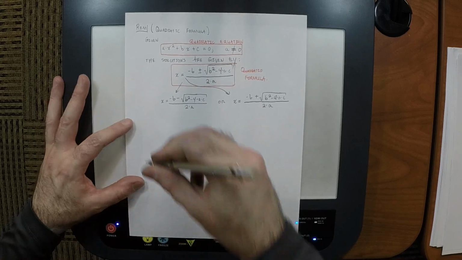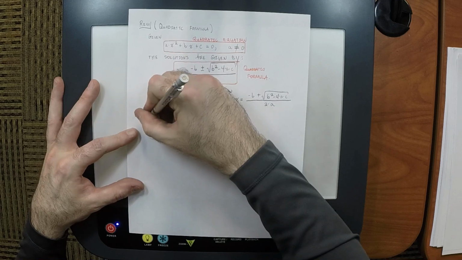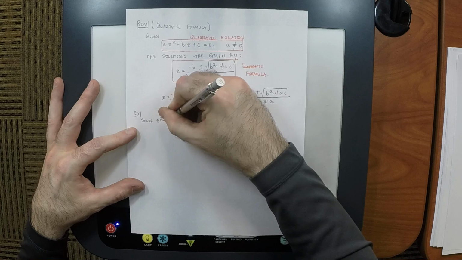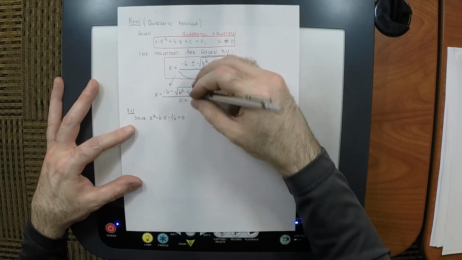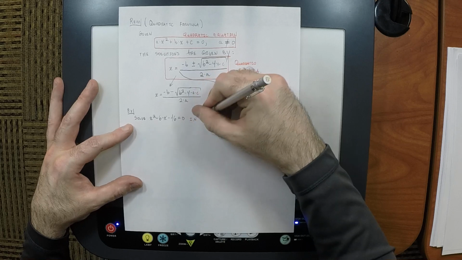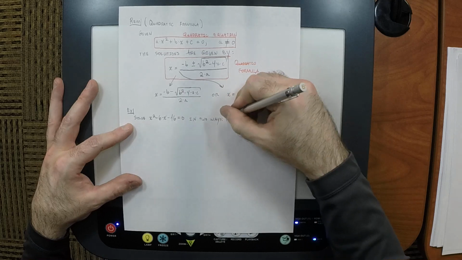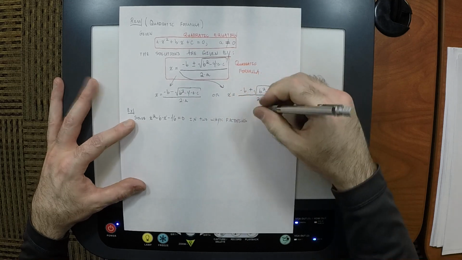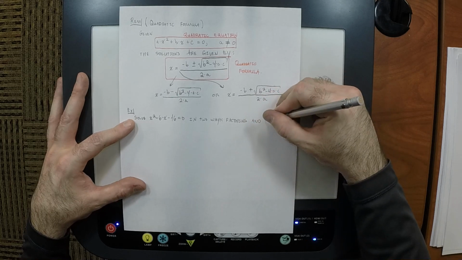Fine. So here's an example of its use. Solve x squared minus 6x minus 16 equal to 0 in two ways. Once by factoring, and then again using the quadratic formula.